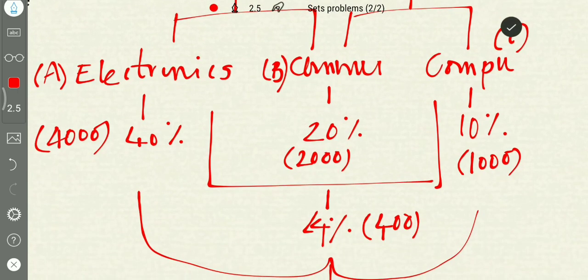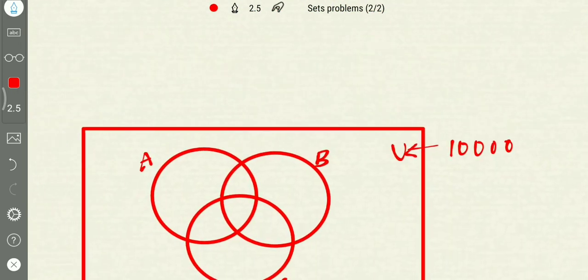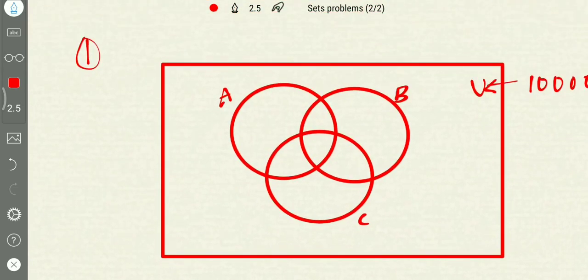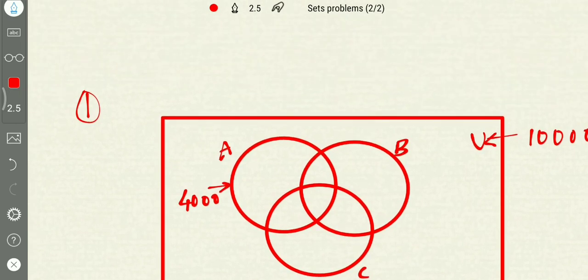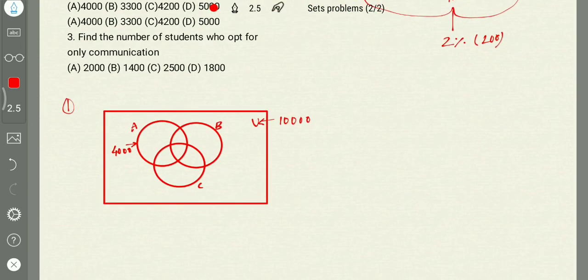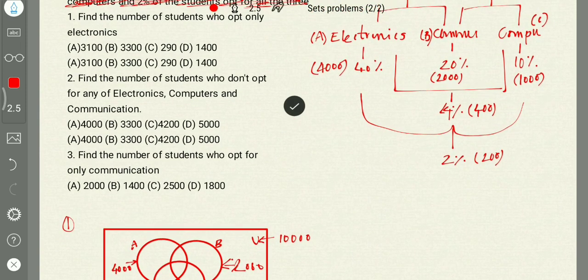So the students who opt for electronics is 4,000, and the students who opt for communication is 2,000, and computers is 1,000.